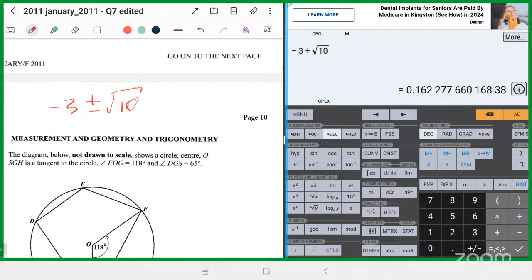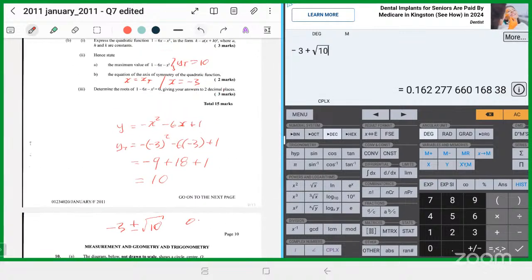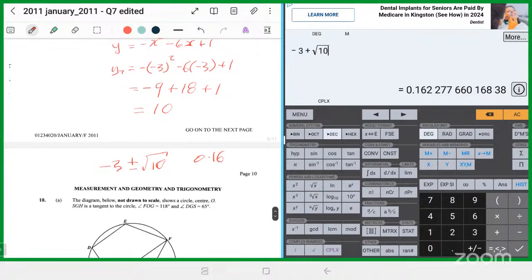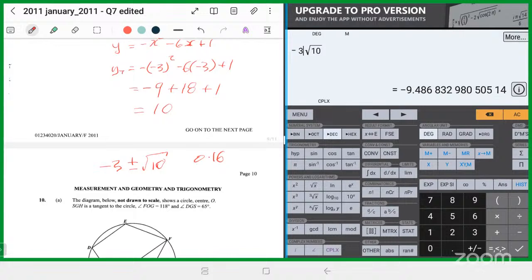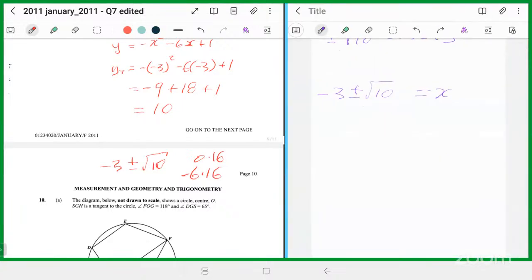So one answer is, 2 decimal places I want, 0.16. And with the minus, changing plus to a minus, I get -6.16. So those are the 2 x values. So x equals -6.16 or x equals 0.16. Those are the values.